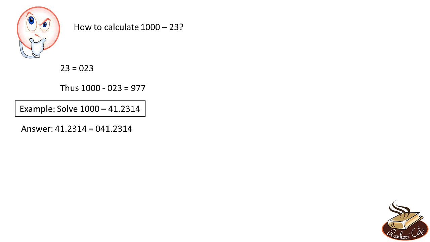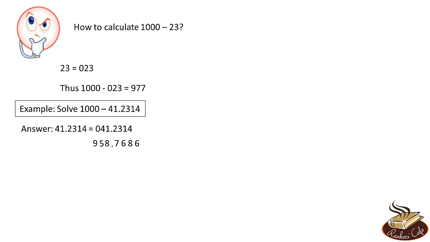So we write 41.2314 as 041.2314. Now we follow the same process. So we do 9 minus 0, 9 minus 4, 9 minus 1, 9 minus 2, 9 minus 3, 9 minus 1, and 10 minus 4 to get the answer as 928.7686.